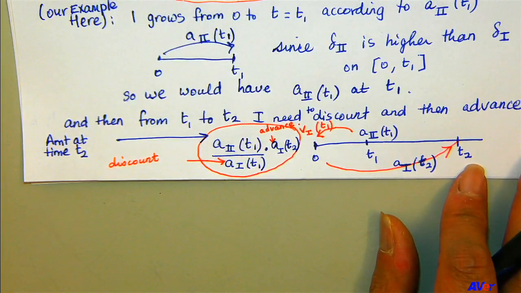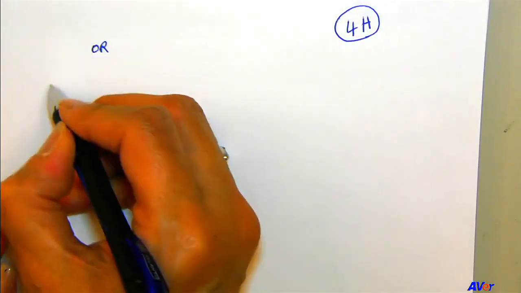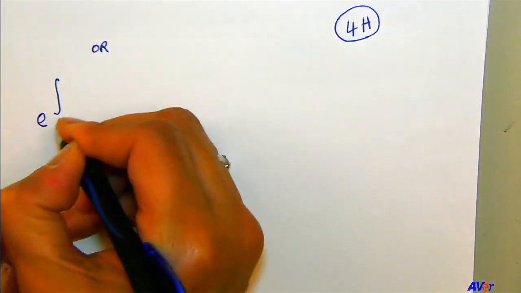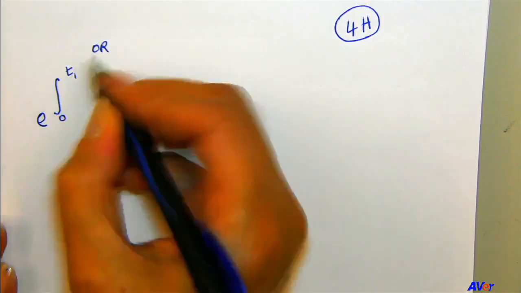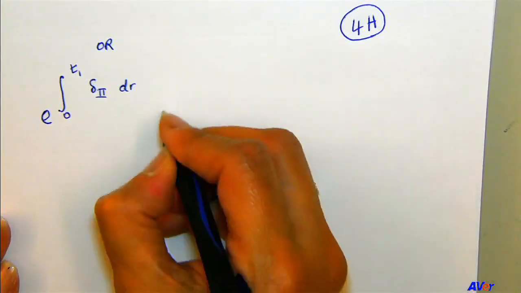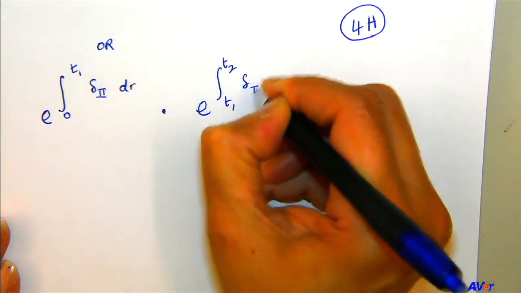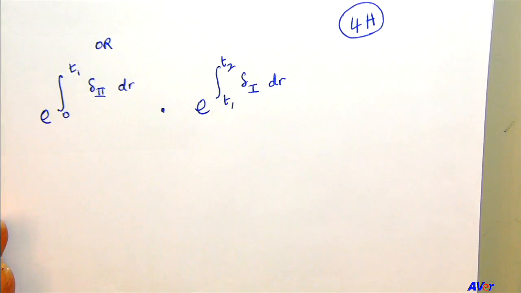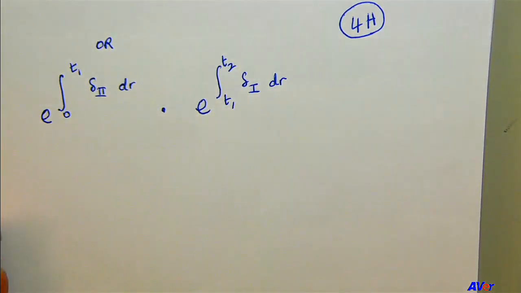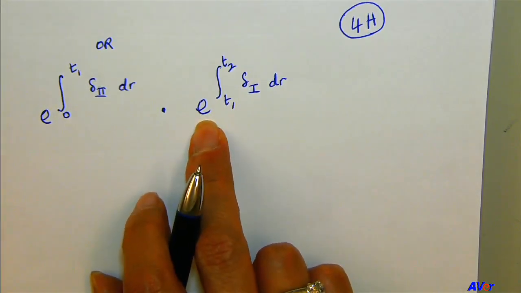Or you can be a smarty pants and do the following. How about this: e to the integral from 0 to t1 of delta 2 dr times e to the integral from t1 to t2 of delta 1 dr. Because we just finished saying that this business will take care of the discounting and the advancing.